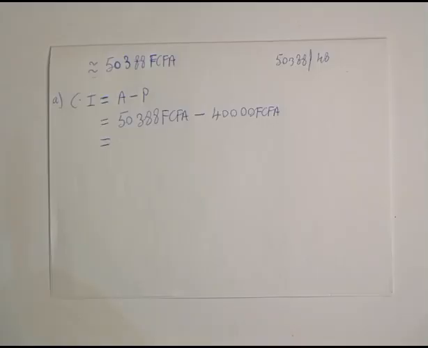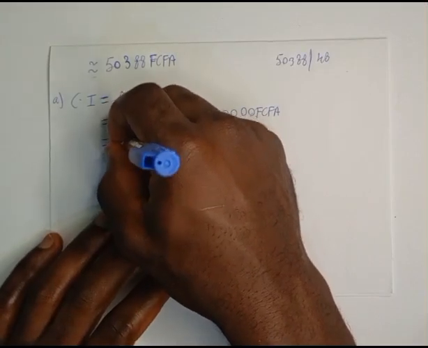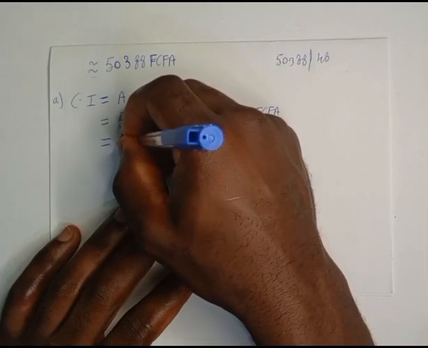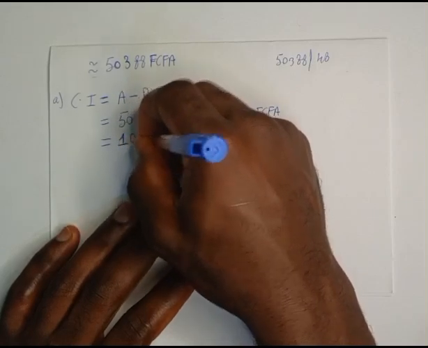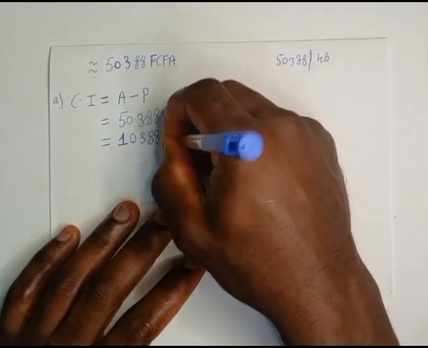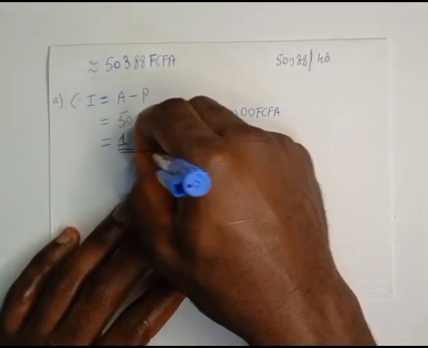Performing this subtraction, this will give us a compound interest of 10,388 francs CFA. This is the compound interest.